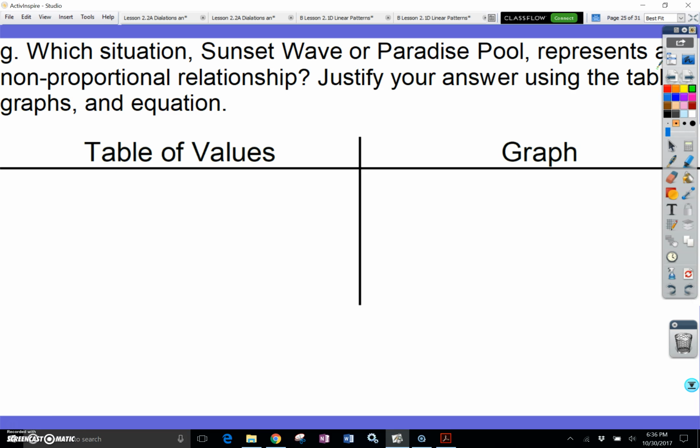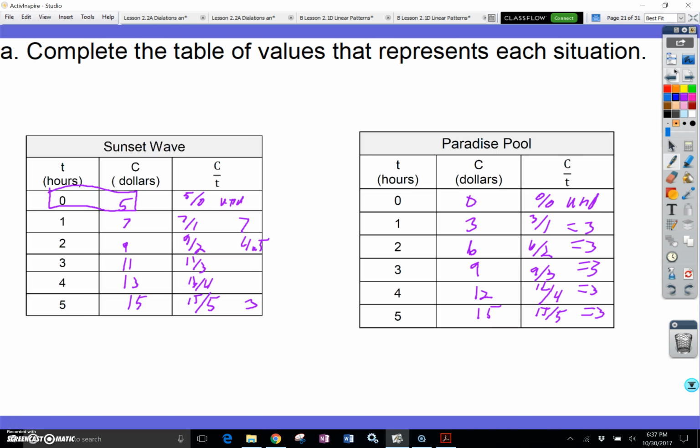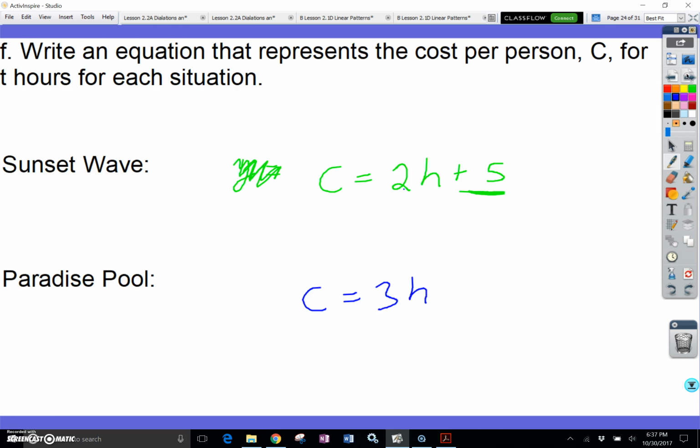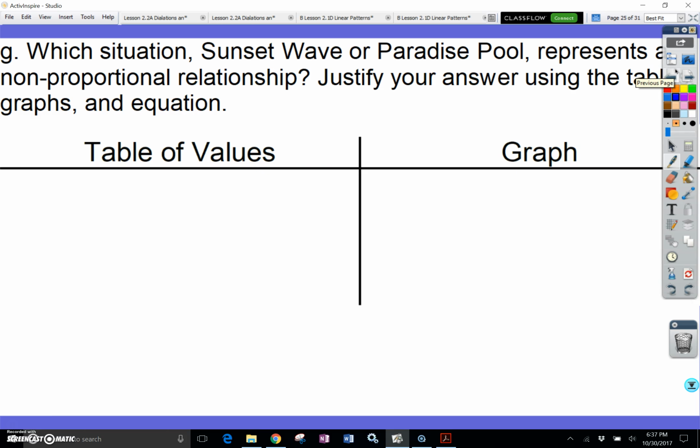So which situation, Sunset Waves or Paradise Pool, represents a non-proportional relationship? Justify your answer. Now, I believe it was, I keep forgetting. Let me see. Sunset Waves. Sunset Waves is non-proportional.